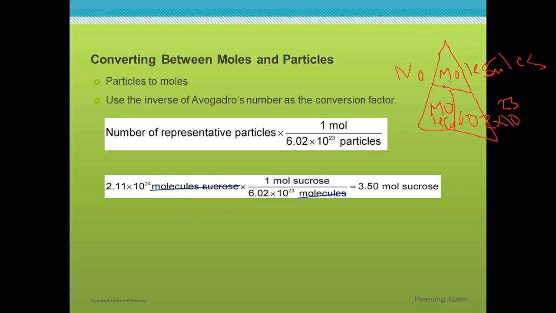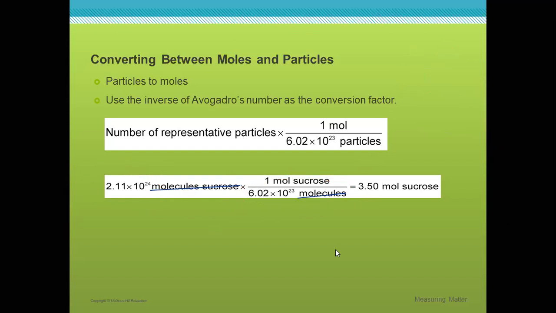So number of molecules equals number of moles times Avogadro's number. What about number of moles? Number of moles equals number of molecules divided by Avogadro's number, as this.